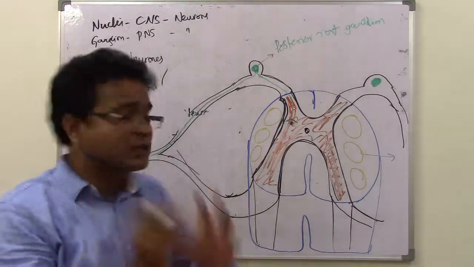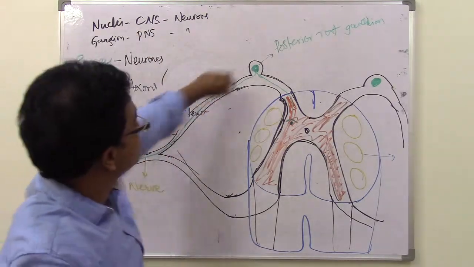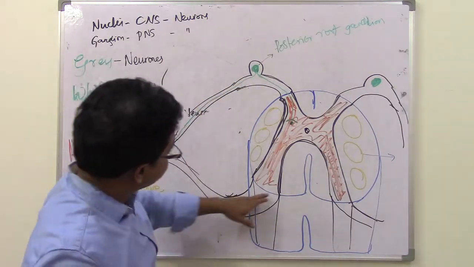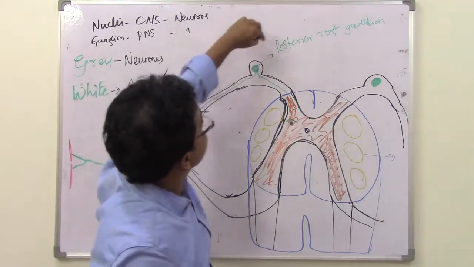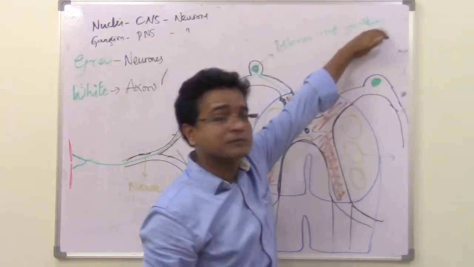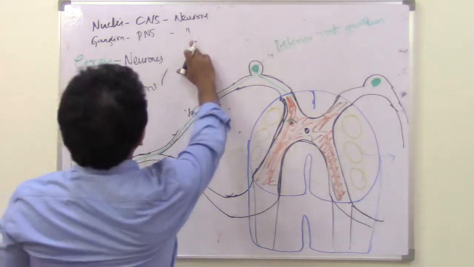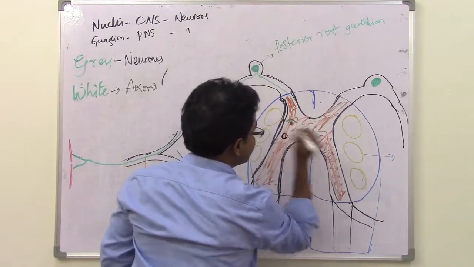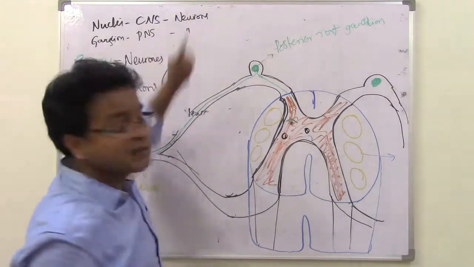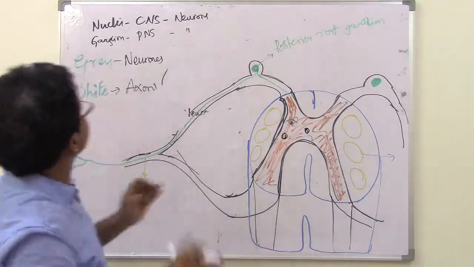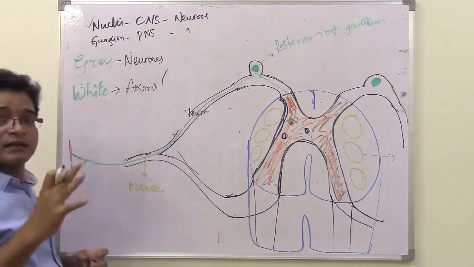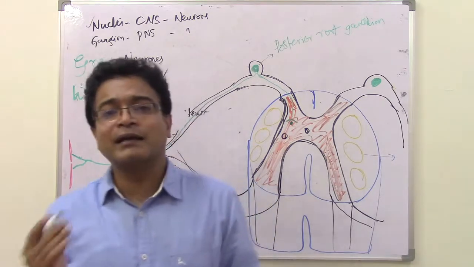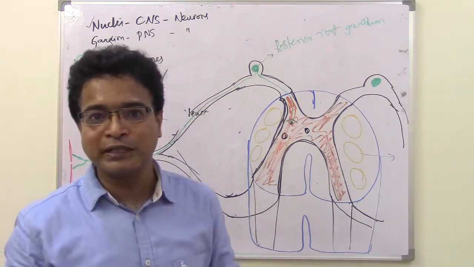A group of cells that stay together outside of the central nervous system are called ganglion. This is the posterior horn and this is the anterior horn and this is the posterior root ganglion. If the same collection of cells is in the central nervous system, we call it a nucleus. Don't confuse it with the nucleus of a cell. A group of neurons that collectively do a function are called nuclei.